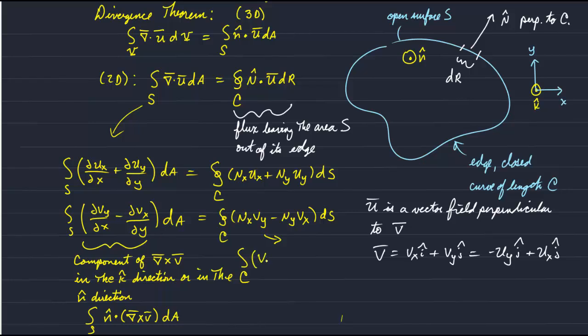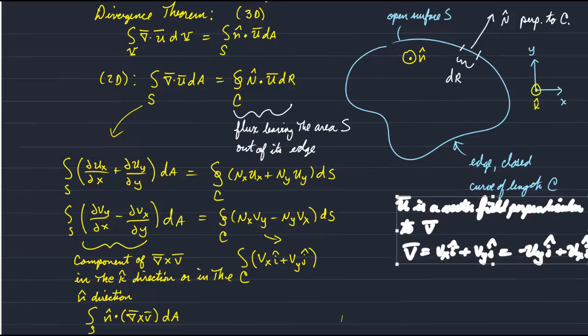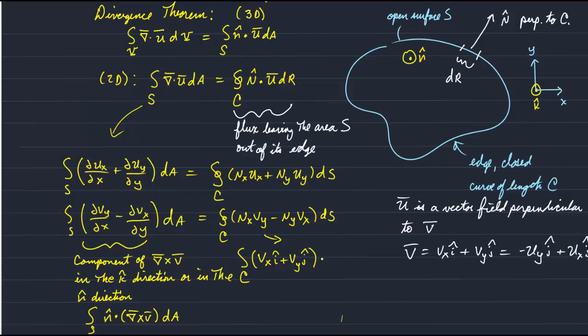And this can be written as Vx i hat plus Vy j hat, and that's dotted with minus ny i hat plus nx j hat. So we're dotting it with a vector that's right.